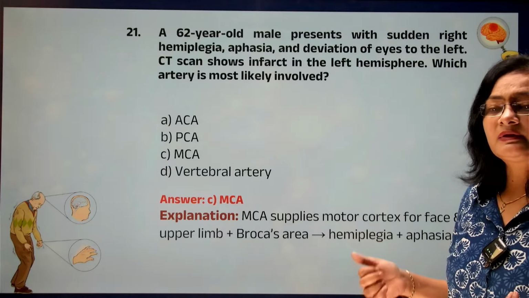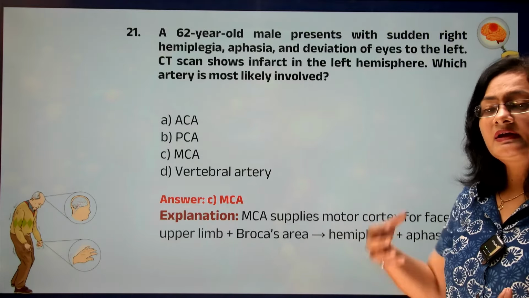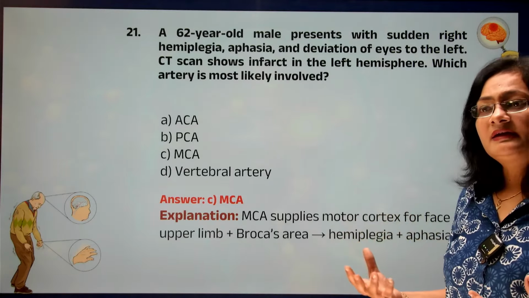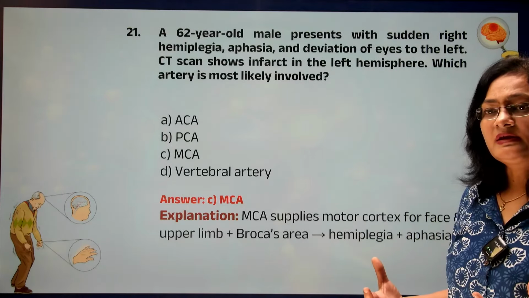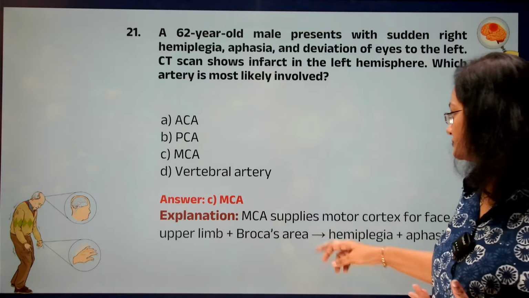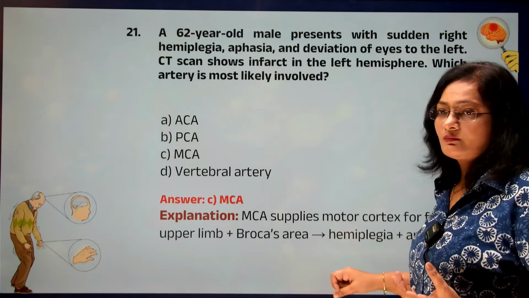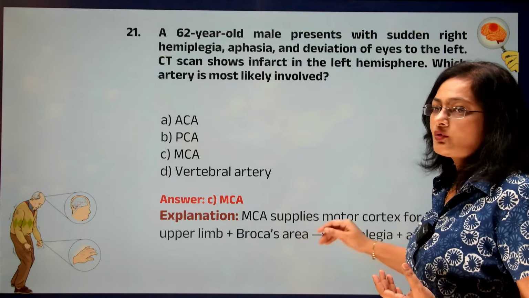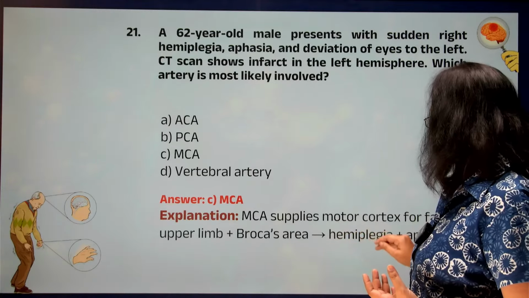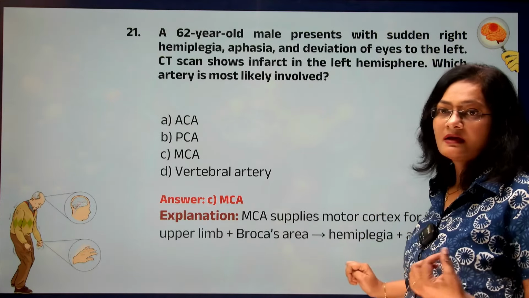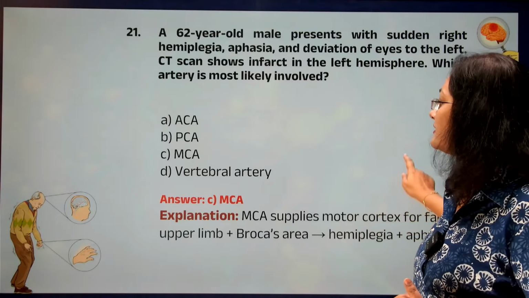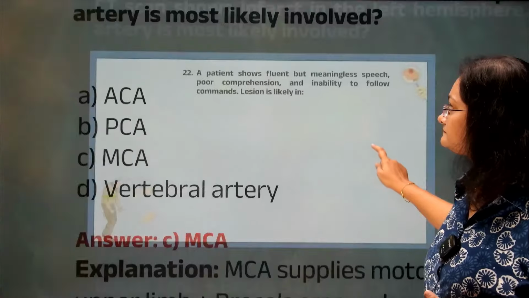Answer will be C, middle cerebral artery, where contralateral hemiplegia, aphasia and deviation of the eye will be present. So MCA supplies motor cortex for the face and upper limb plus Broca's aphasia. So it will result in hemiplegia plus aphasia. So it is involvement of the middle cerebral artery or MCA territory.